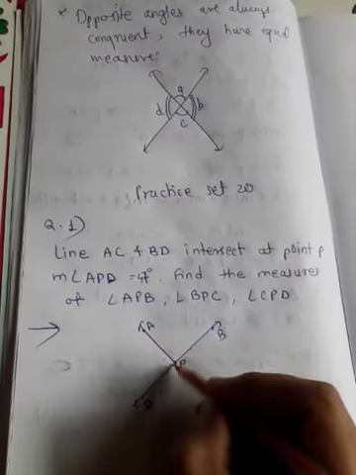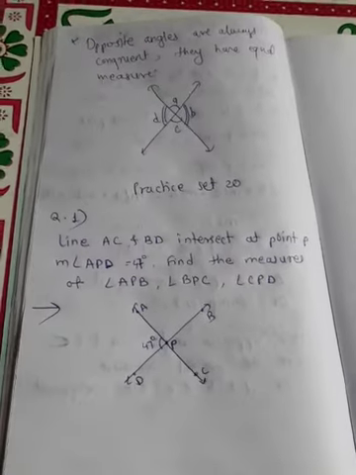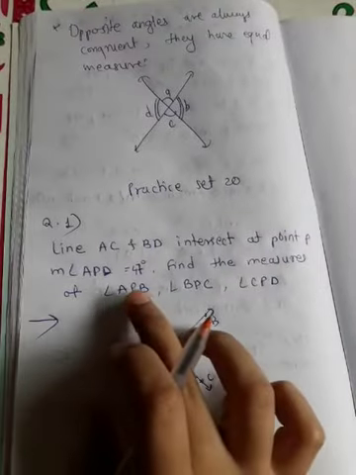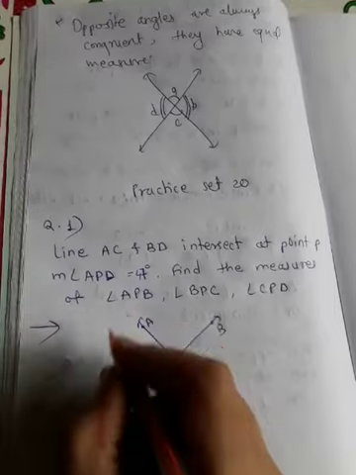So here the measure of angle APD is 47, and they have asked to find the measure of angle APB, BPC and CPD.